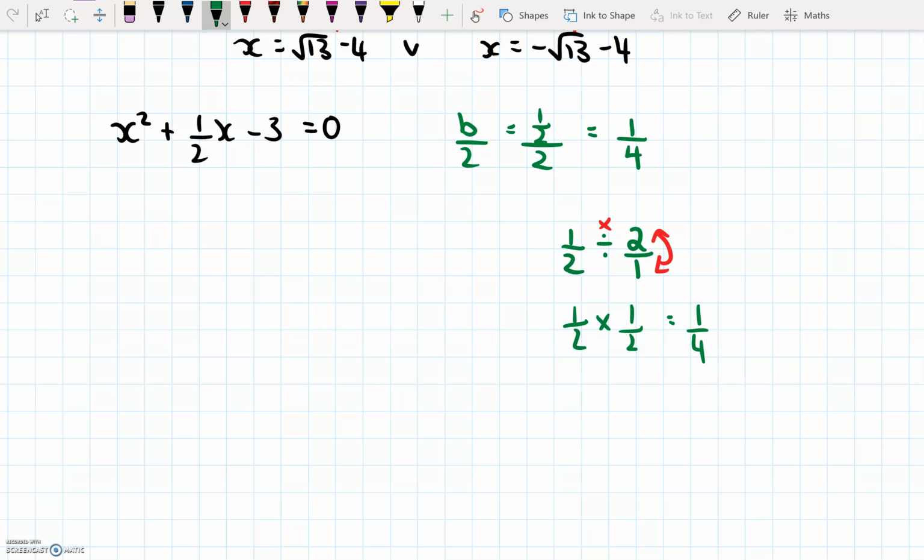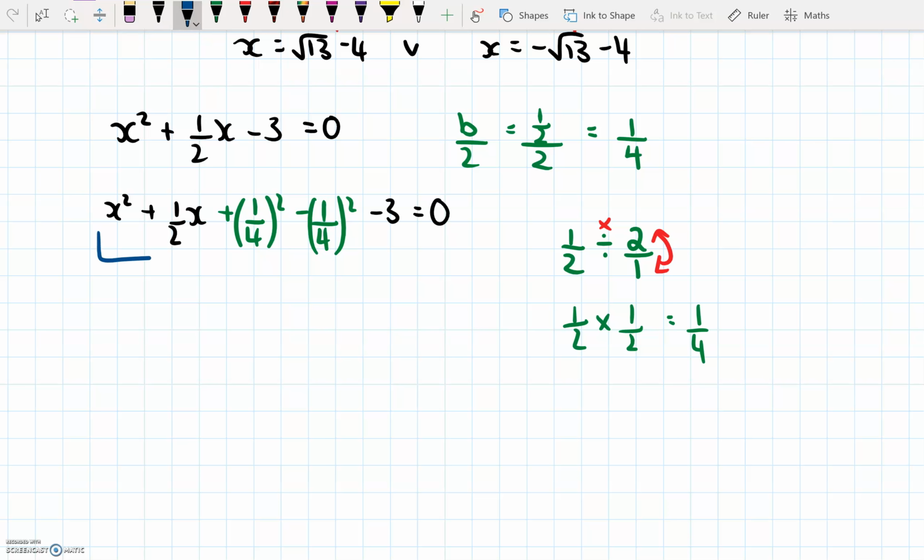You just need to be really careful with these ones. So we have x squared plus a half x plus 1/4 squared minus 1/4 squared minus 3 equals 0.